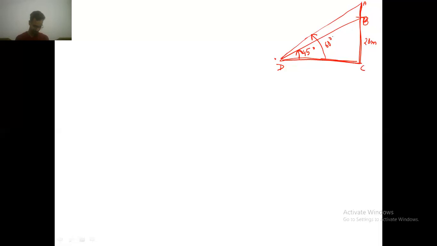Now see, you have to find the height of the tower. That means you have to find AB. So let AB equal to x meter, then you have to find the value of x. How can you find the value of x?